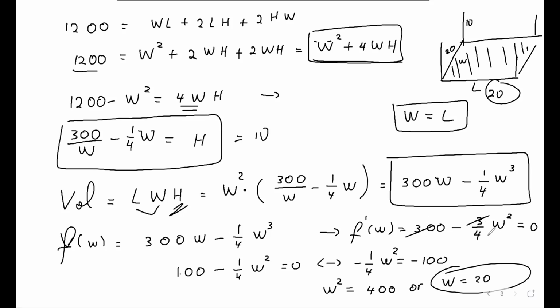The derivative is going to be negative on one side of 20, and on the other side it's going to be positive, and you will see that it is indeed a maximum. I'm not going to go into the details here. I'm going to leave a problem like that because we ran out of time.